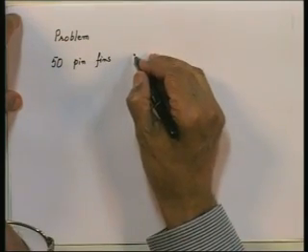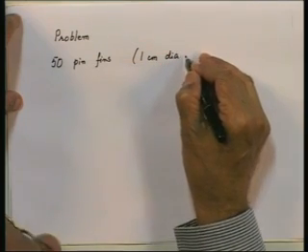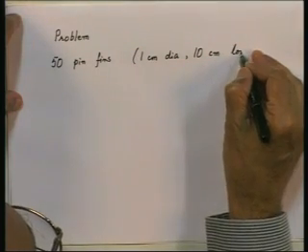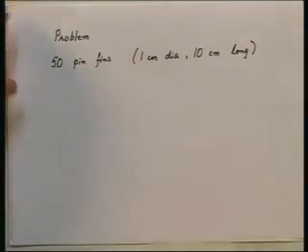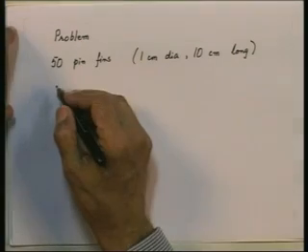Each pin fin is 1 centimeter in diameter and 10 centimeters long. I am just taking some simple dimensions. Circular pin fins, 1 centimeter diameter, 10 centimeters long, attached to a wall. Fins are made of copper.